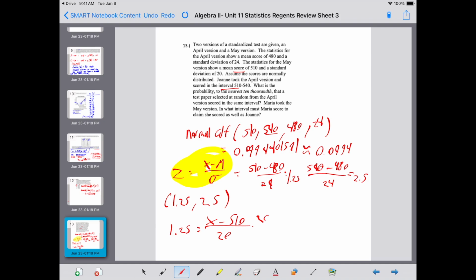Multiply by 20 on both sides. Add 510 to both sides. And you get that x equals 20 times 1.25 plus 510, which is 535.